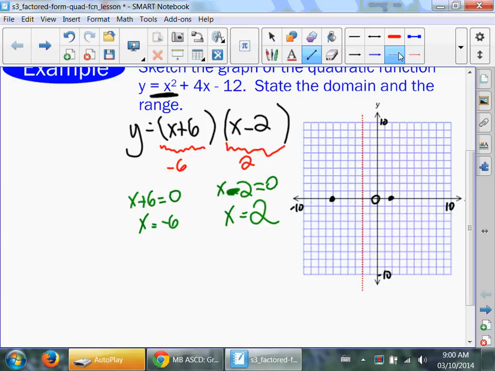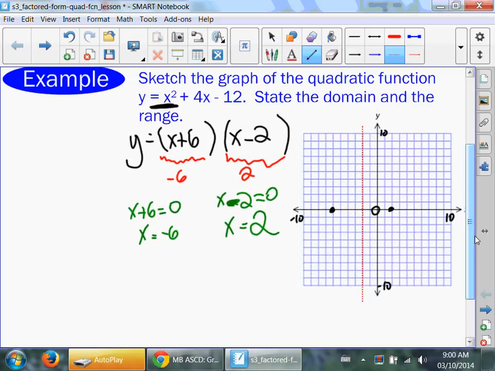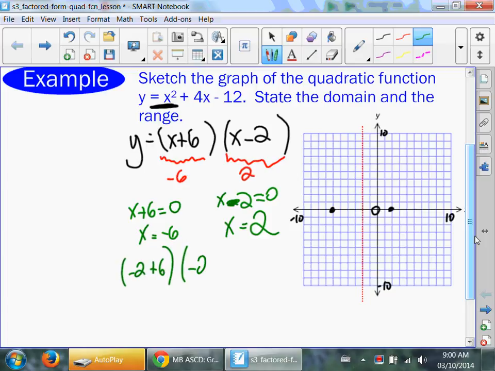Now we know the vertex is going to be somewhere on that axis of symmetry. So the question is, what's the y coordinate? So we have to find the y value of the equation. We know the x value is negative 2, which is halfway between those two zeros. So we plug in negative 2 plus 6, negative 2 minus 2, and we get 4 times negative 4, which is negative 16.